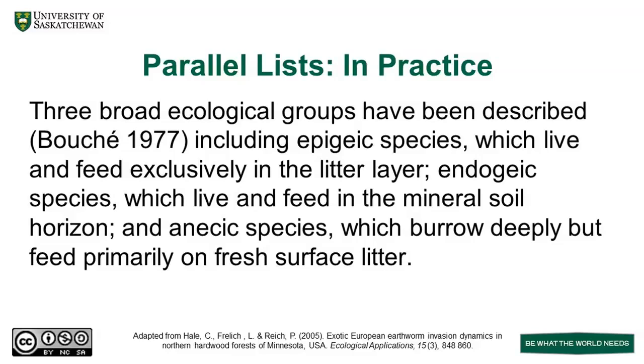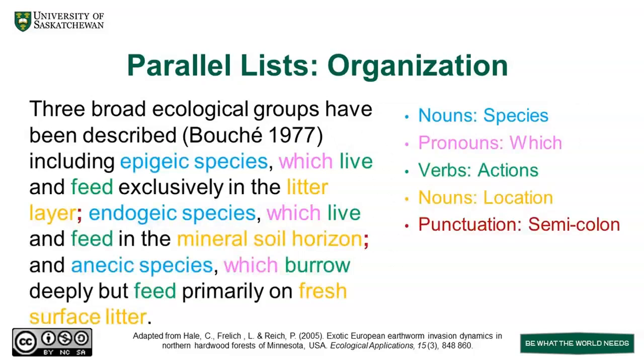So 3 broad ecological groups have been described, including epigeic species, which live and feed exclusively in the litter layer; endogenic species, which live and feed in the mineral soil horizon; and enectic species, which burrow deeply but feed primarily on fresh surface litter.